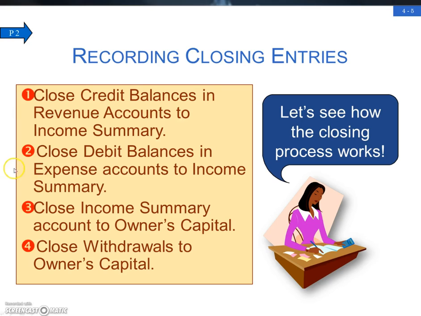We're also going to do the exact same thing, but the opposite. We're going to close the debit balances in the expense accounts also to the income summary. So there are debit balances in expense accounts, right? Expense accounts are normal debit balance accounts. So whatever the debit balance is in each and every expense account, we are going to credit that amount to each and every expense account, and we will debit income summary.